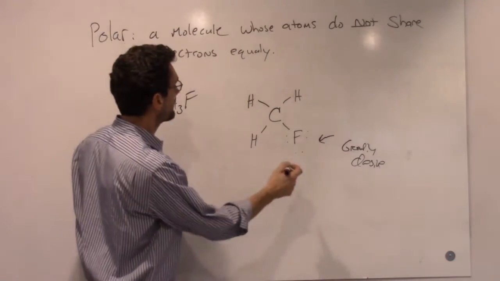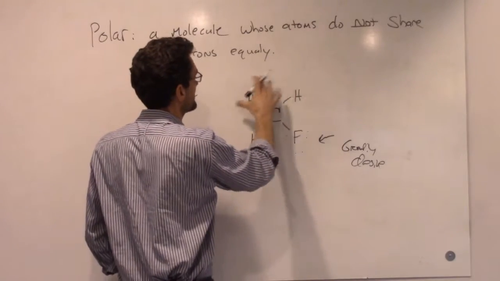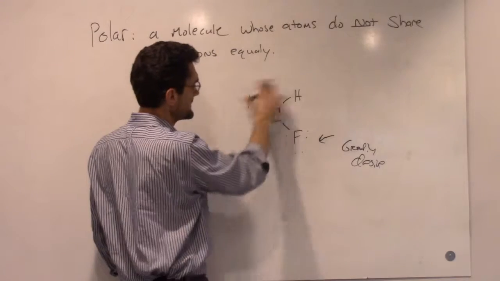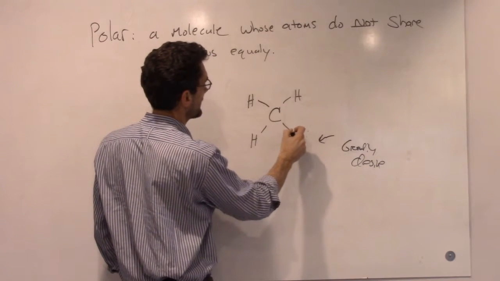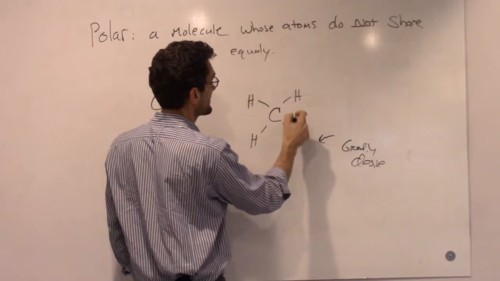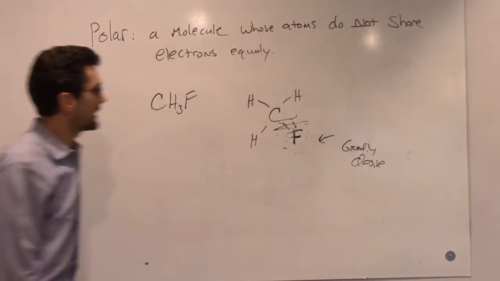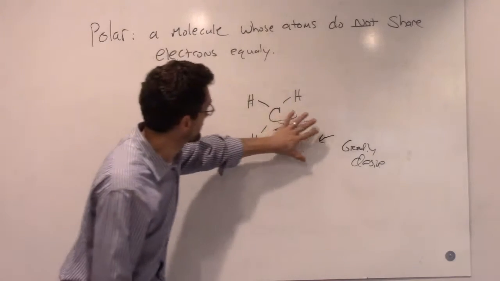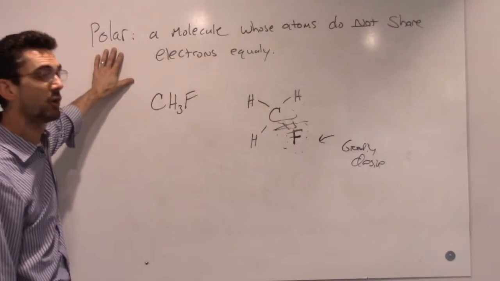Normally, you expect all these electrons to be happy orbiting around each of their atoms. But because fluorine is so hungry for electrons, the majority of electrons spend their time around this side of the molecule. Because of that, we call this molecule polar.